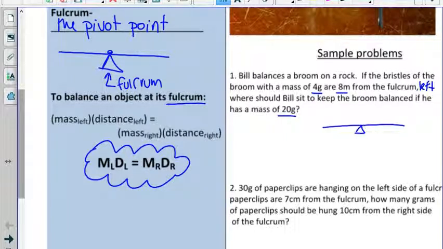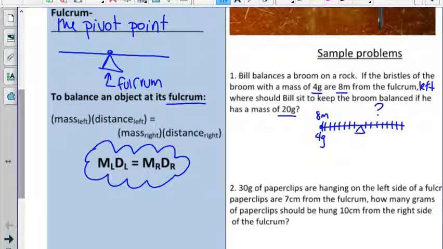Let's go 1, 2, 3, 4, 5, 6, 7, 8. If the bristles of the broom are 8 meters, and it is 4 grams over here, we need to figure out where Bill needs to sit if he's got a mass of 20 grams.